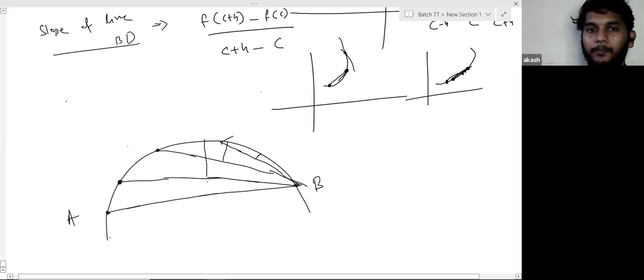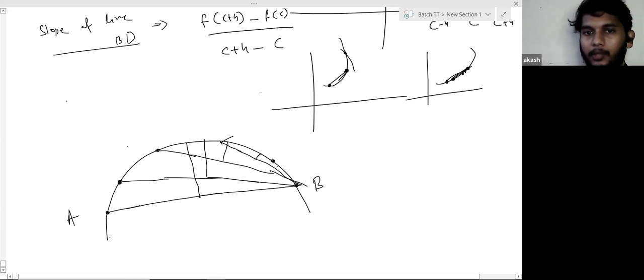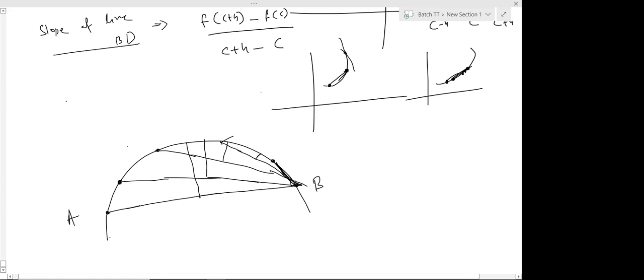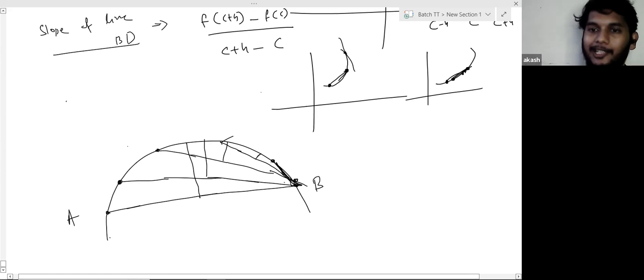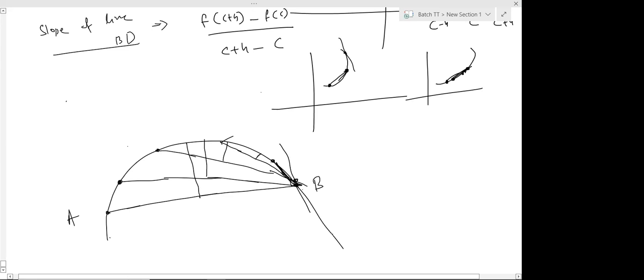Very small compared to this. Yes, sir. Now suppose A is here, so you cannot even comprehend the difference, right? Almost matching the curve. Yes, sir. Now suppose A is here, just the next point of B. So if I draw a line now, this will go like this, outside the curve. Yes or no? Yes, sir.